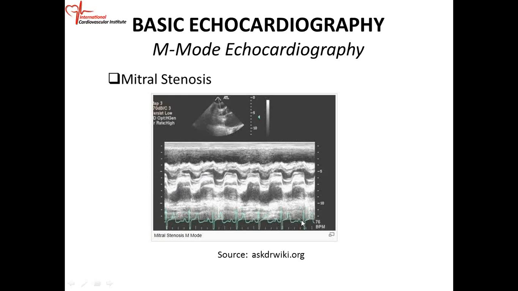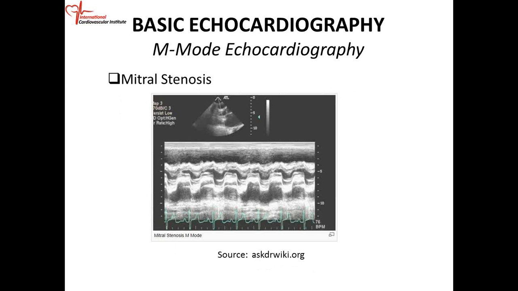If you look at the mitral valve, ECG is below. So the mitral valve opens in diastole, closing in systole. You can see that the mitral valve is thickened. There is not much separation of the anterior leaflet from the posterior leaflet. And the important thing is the slope. The E to F slope, there's almost no slope.